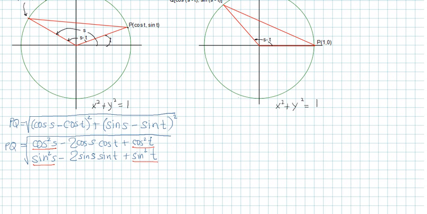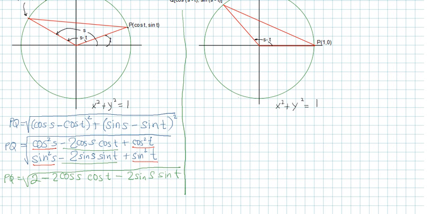So now we have a 2. And then just copy these two guys: minus 2 cosine of s cosine of t, minus 2 sine of s sine of t. So PQ equals the square root of that. Okay, so we're done with the first circle.